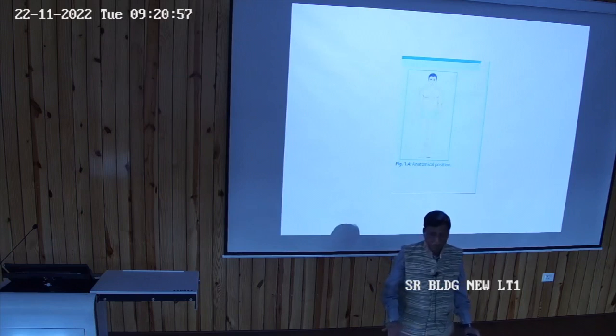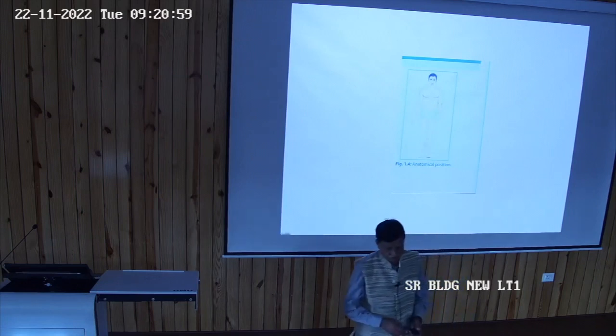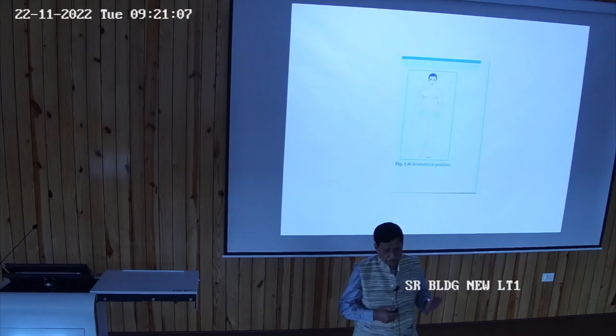These are the terminologies they will use. Before that, I want to tell you the different positions of the body, which are essential to examine the patient, or while doing surgery when you become a surgeon.